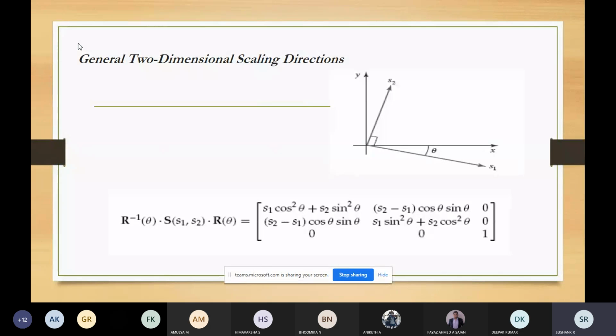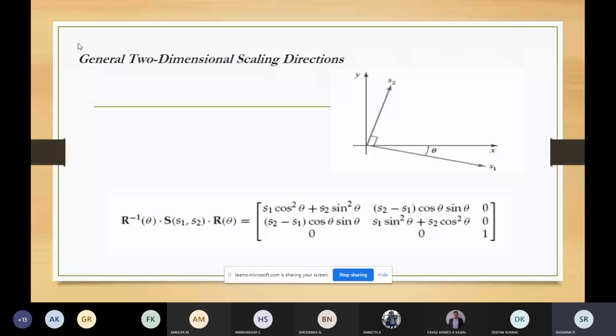And also, when we were talking about two-dimensional rotation, we considered the case where you are rotating a two-dimensional object around a pivot point. For that, the object would be in a certain coordinate system.